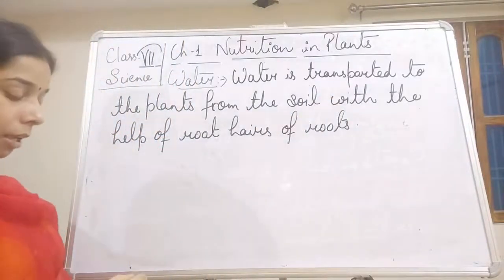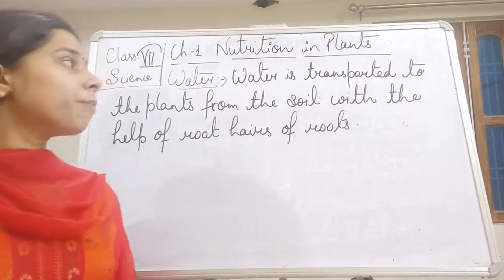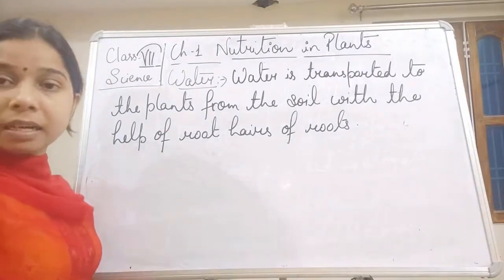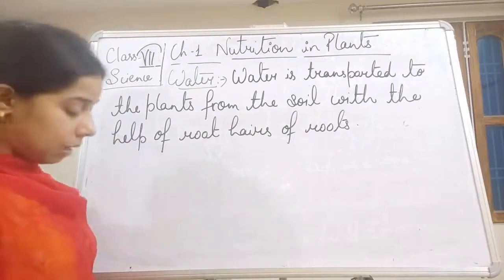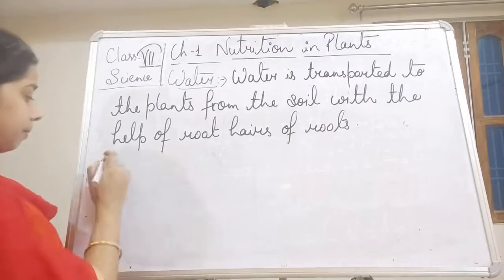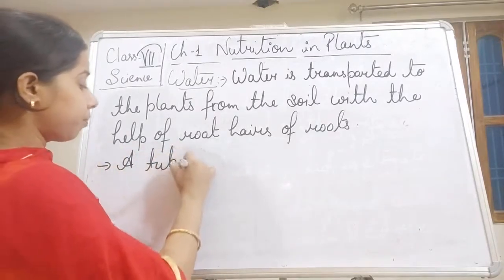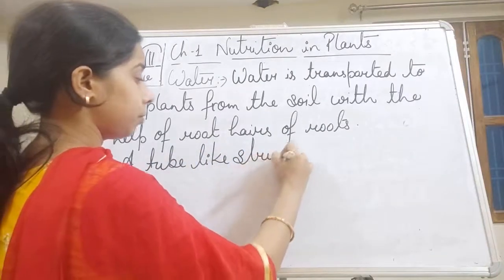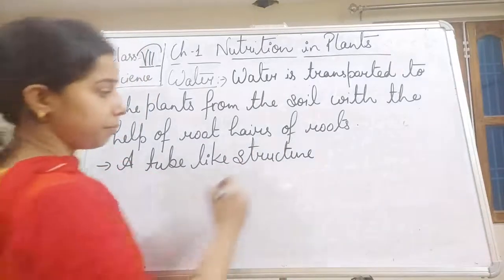Okay, with the help of the root hair of the root. So basically the roots penetrate deep inside the soil and absorb the water, and it is a tube-like structure called xylem.